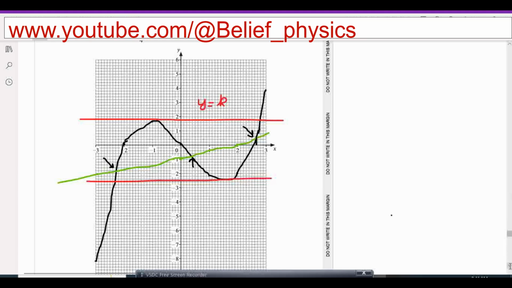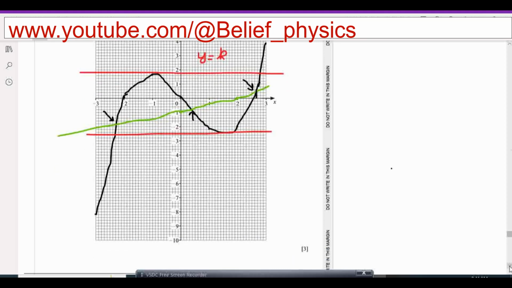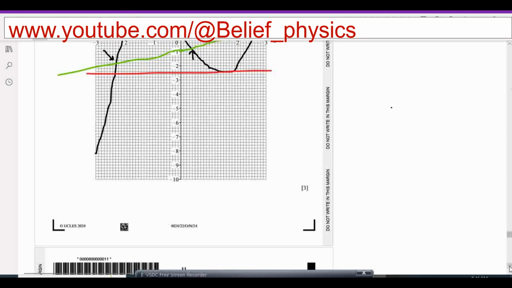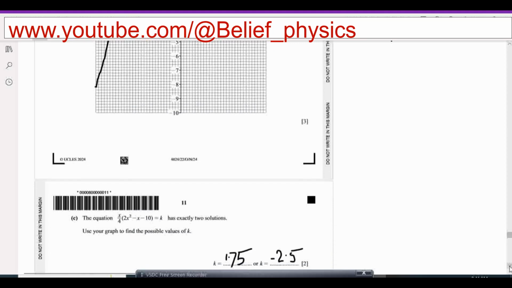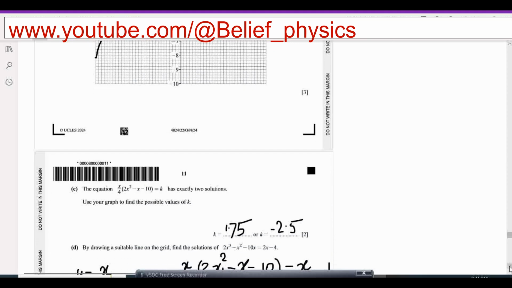The third part has two solutions. Some line y is equal to k and y is equal to this. When these two lines intersect, they should intersect at only 2 points.